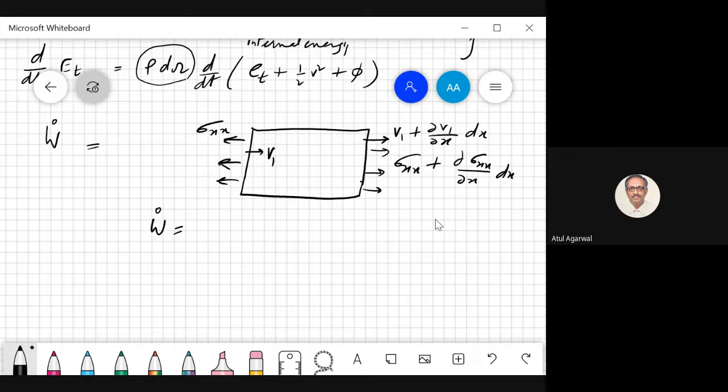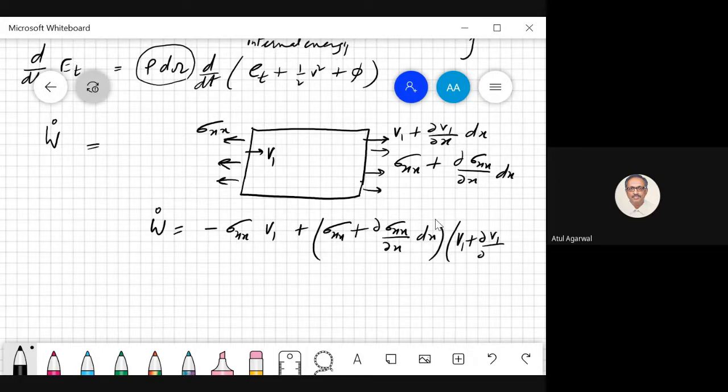Here you see these are in different directions, so it will lead to minus sigma xx V1. And both of these are in the same direction, so you'll get sigma xx plus del sigma xx by del x dx, times V1 plus del V1 by del x dx.